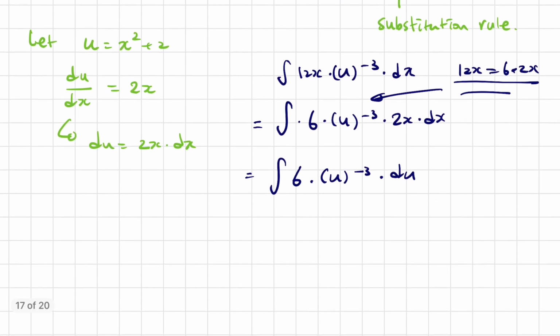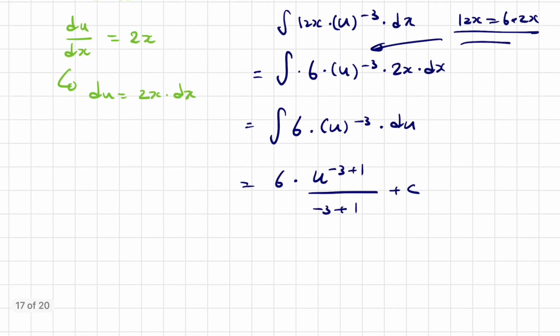Then we can integrate this using the simple power rule, right? Then this is the same as 6 times u to the power of negative 3 plus 1 over negative 3 plus 1, plus c, right? Then this is the same as 6 times u to the power of negative 2 over negative 2 plus c.